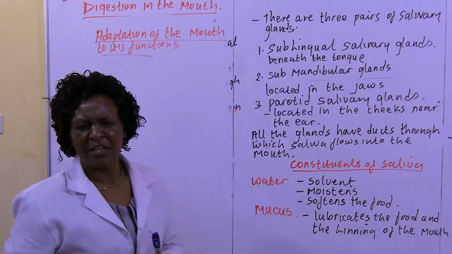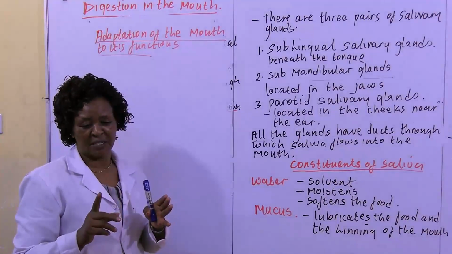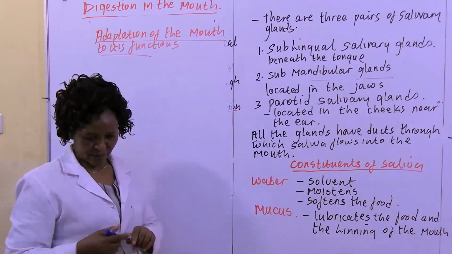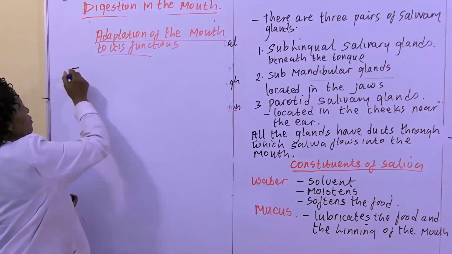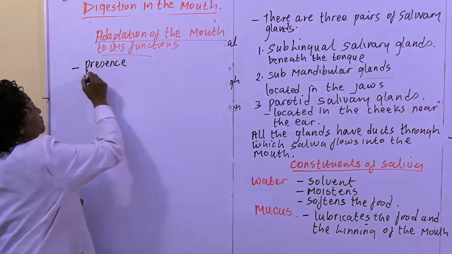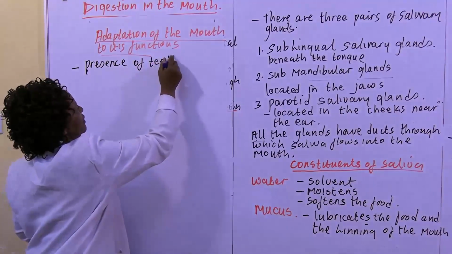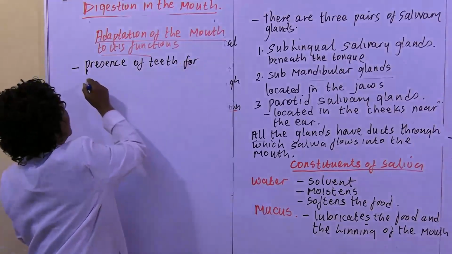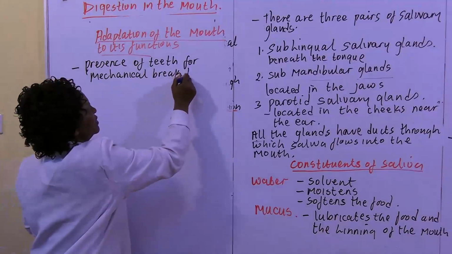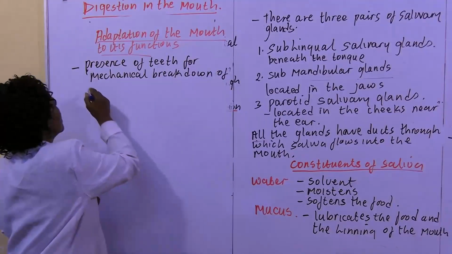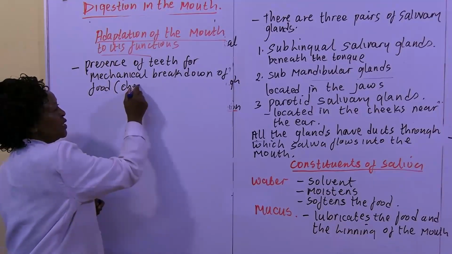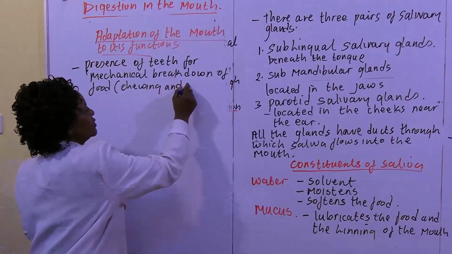How is the mouth adapted to its functions? One of the functions of the mouth is mechanical breakdown of food into small pieces. So how is it adapted to this? One, we have the presence of teeth for the mechanical breakdown of food, or in other words, for chewing and grinding.